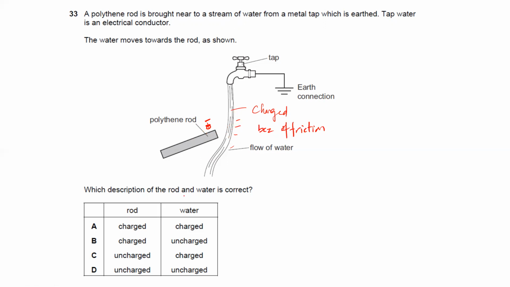This is how it happens. The falling of water charges it because of the friction. So for this case, the best answer is A: the rod is charged and the water is charged as well.